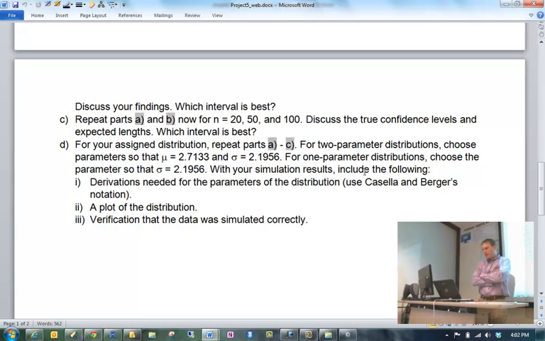It would be okay if you don't show me some of the code that's just exactly duplicating. At least the way that I wrote my code, I had an argument for the sample size that I could pass through a function. So I just ran the same function with a different n. Okay.